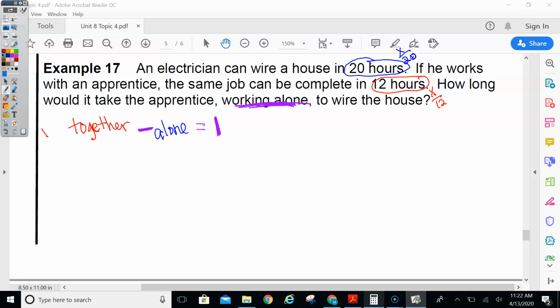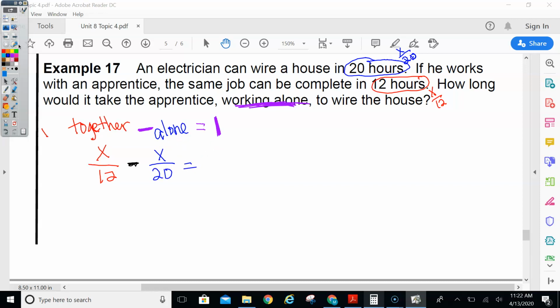So it's always going to be where the together one is the quicker one, which means it has the smaller denominator. So x over 12 you want to go first because that's the faster one, because it has a smaller denominator. Minus the alone one is the 20 hours. So x over 20. But you still make it equal to the 1.